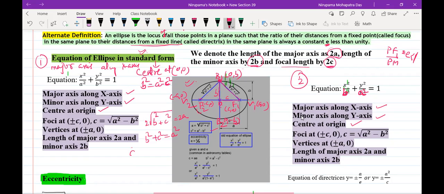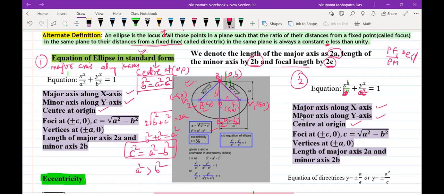So that is basically why we are studying this. Whenever you are given a and b, you can find c. It means b square equals a square minus c square, or you can say c square equals a square minus b square. It also shows a square is always greater than b square. And if a square equals b square, the ellipse will become a circle, that you have seen in GeoGebra.